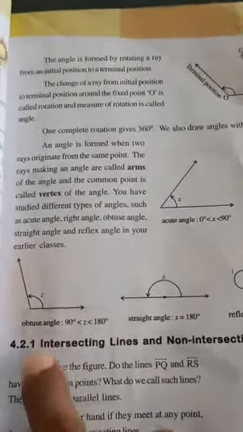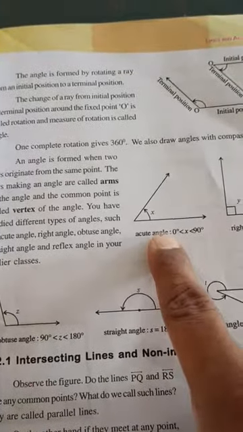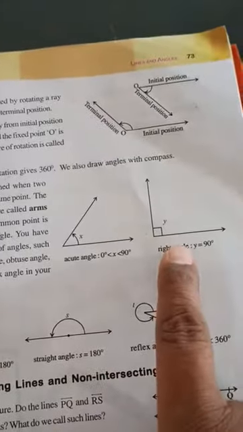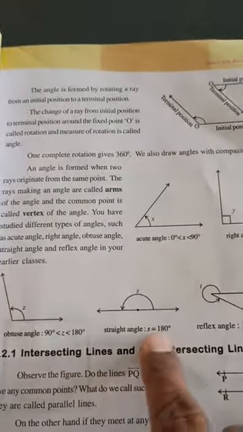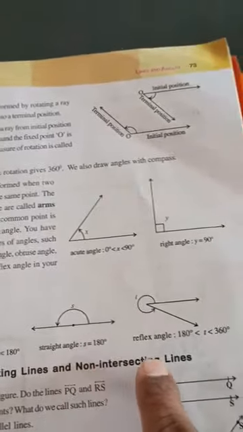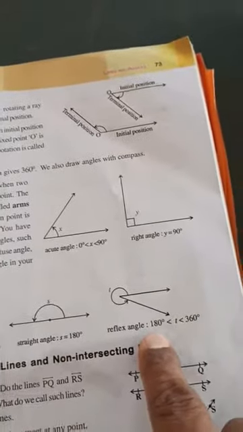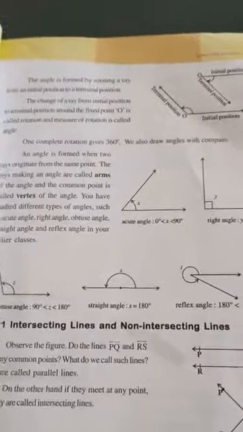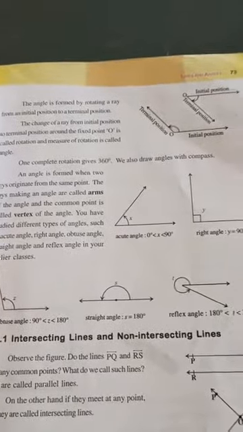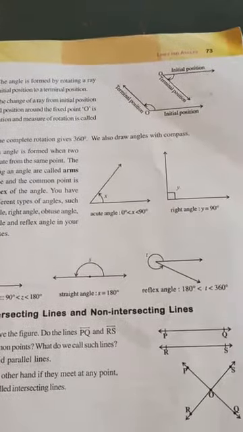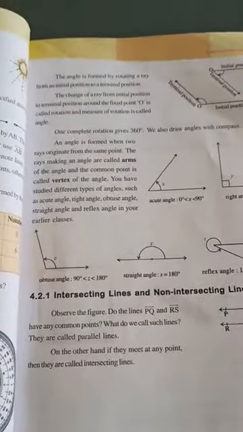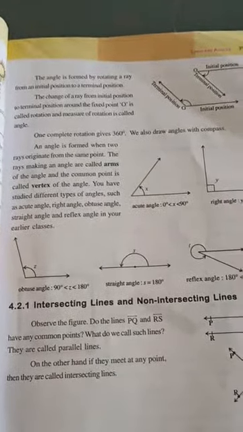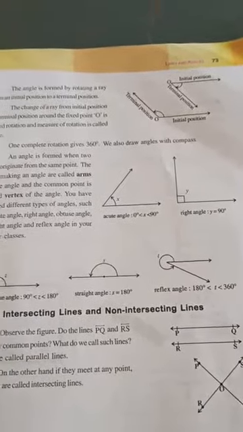Tell me how many angles there are. Acute angle 0 to 90 degrees, right angle 90 degrees, obtuse angle 90 to 180 degrees, straight angle 180 degrees, reflex angle 180 to 360 degrees.